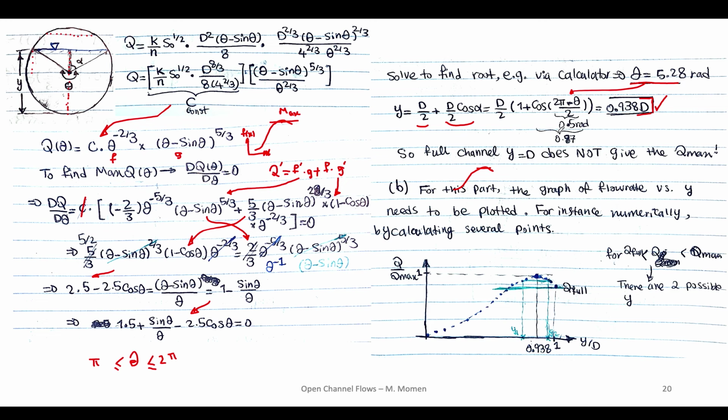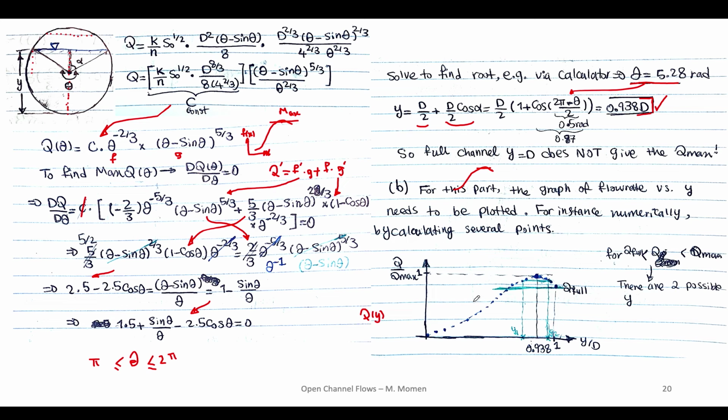Okay, so in order to be more accurate, we can plot the graph of flow rate versus y. So in order to do so, you have Q here, so you can find theta. Theta is going to be between pi and 2 pi, and you can convert this formula to y, so you get something like Q(y) instead of Q(theta) that we have here, based on some trigonometric relations.